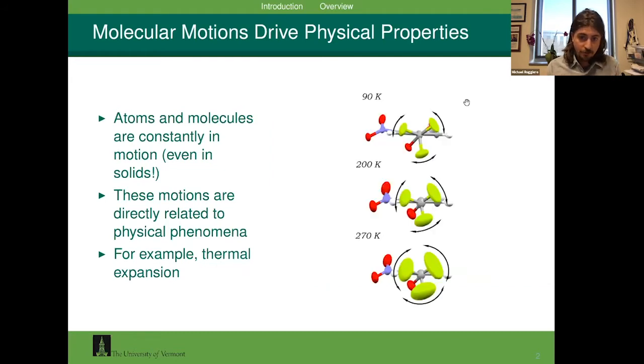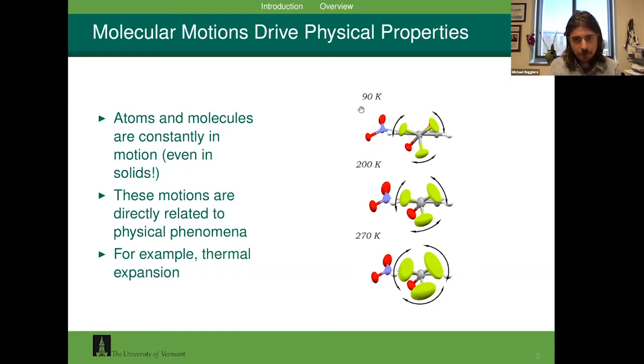What I have thrown up here is one way you can visualize this motion. This comes from X-ray diffraction, so we can actually look at the structure of a molecule. And instead of the common picture of atoms as spherical balls, in this picture we have these elliptical shapes, and that represents the spherical atomic ball moving.